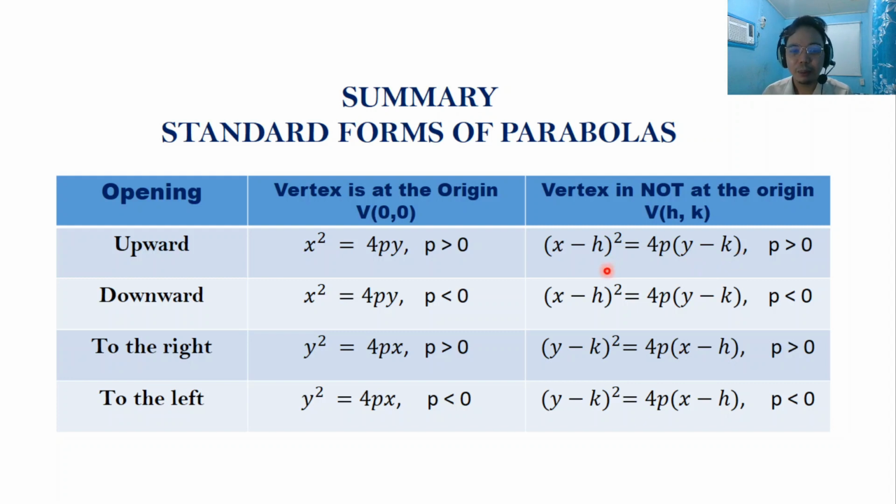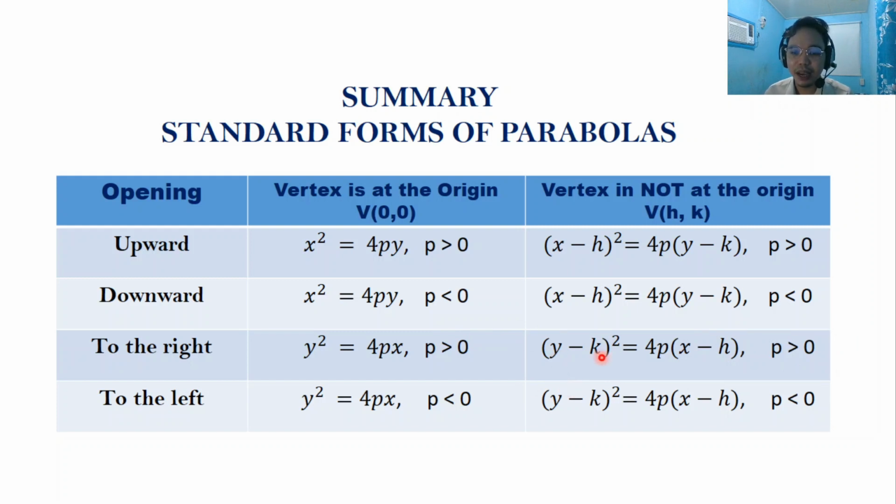Now, if our parabola opens downward, quantity x minus h squared equals 4p times the quantity y minus k. So, if it opens upward, that is p is greater than 0. If it opens downward, p is less than 0. If our parabola opens to the right, here's our standard equation.